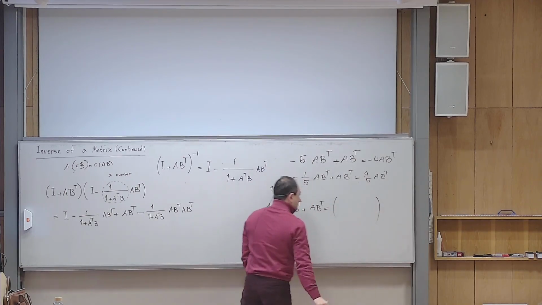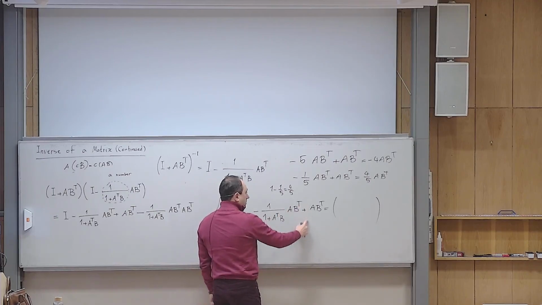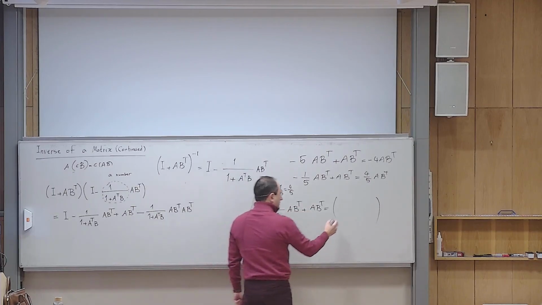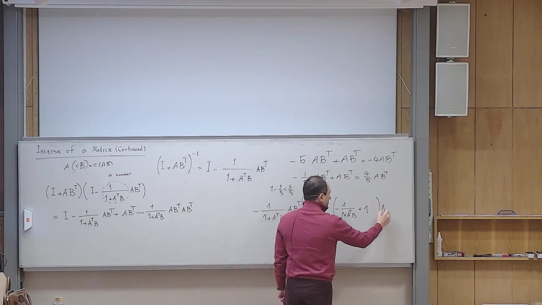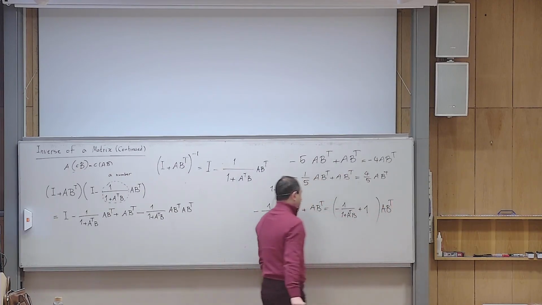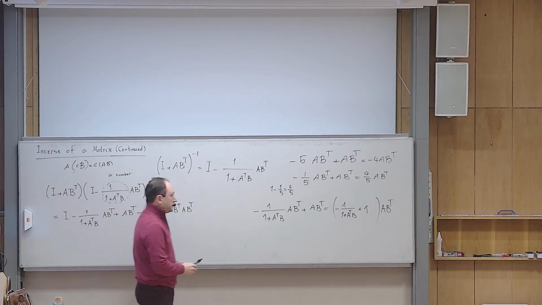So what I am doing, actually, I am taking this number and this number 1 and add them together. Yes. And then I put this. Yes? Is that understandable? Okay, and then I have to simplify this.